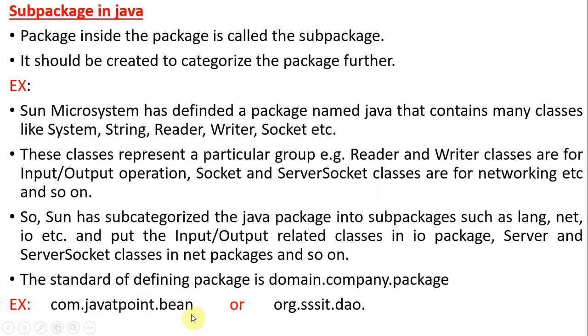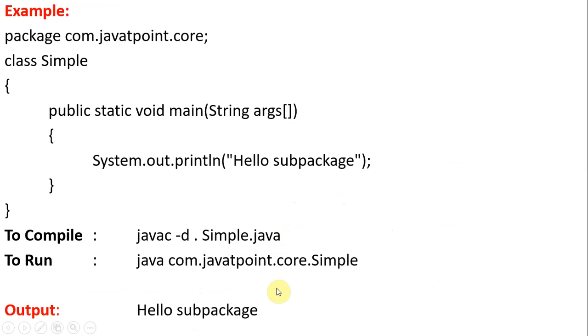Here is the standard way to define a package, for example like this: in the com package we have a javatpoint package, and in that we have a core package. Like this we specify the program compile and running.